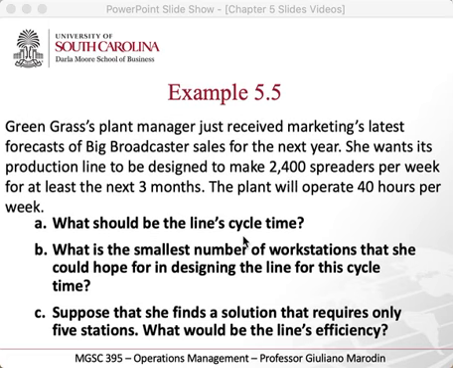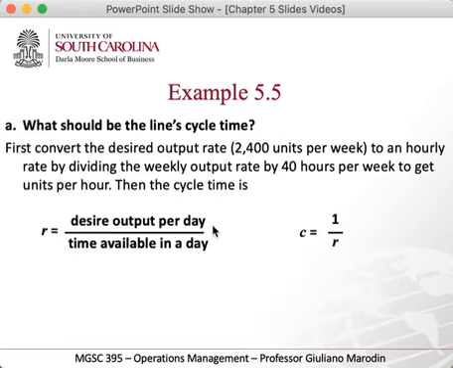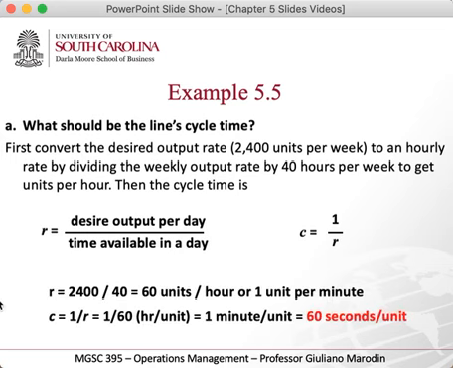Then we have other questions. We're going to go one at a time. So for cycle time, first I calculate the output rate. It's the desired output per day divided by available time. So 2,400, that was the demand, in our case for a week, not for a day, divided by hours in a week. That's 60 units per hour, which is the same thing as saying 1 unit per minute, right?